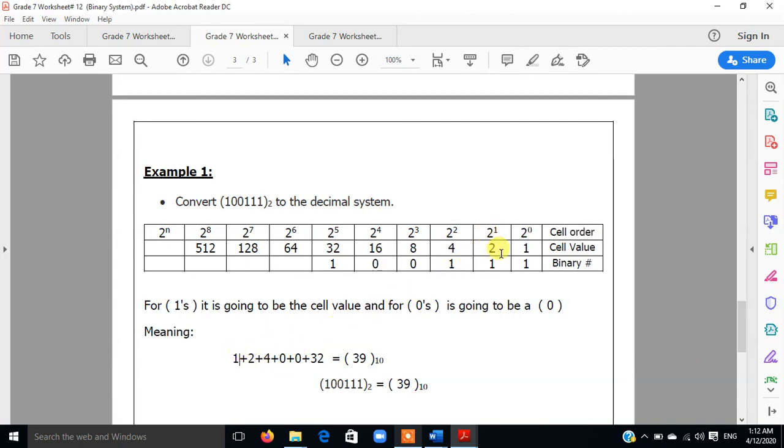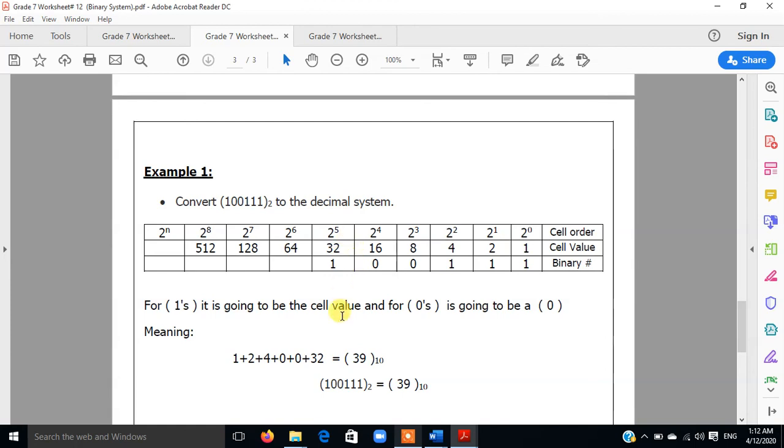For the second one, I have a binary value of 1, so I'm going to list 2. Also, I have 1 here, so I'm going to have 4. Because I have zeros here, it's up to you: I can write the zeros, or I can neglect them. Any number added to 0 is going to be the same number.